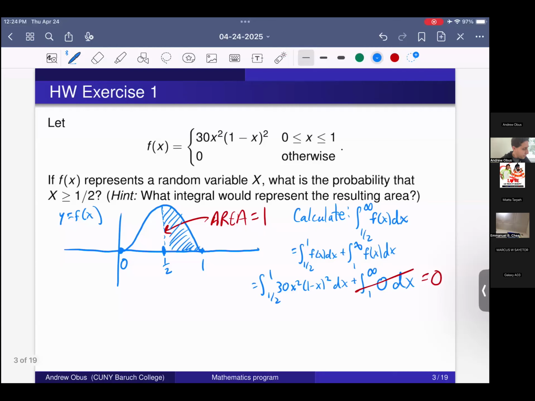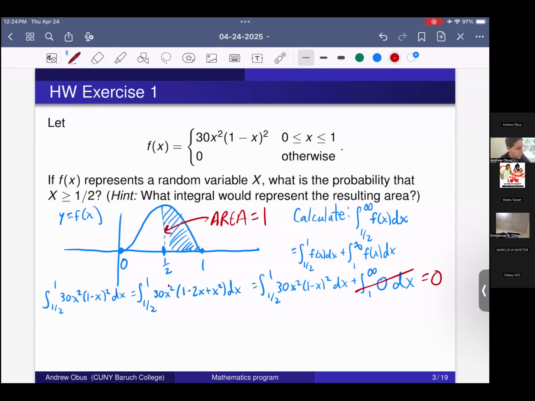Okay, so we have the integral from 1/2 to 1 of 30x squared times (1 minus x) squared dx. The easiest way to do this is to just expand out the integral and simplify. So this is the integral from 1/2 to 1 of 30x squared times (1 minus 2x plus x squared) dx.